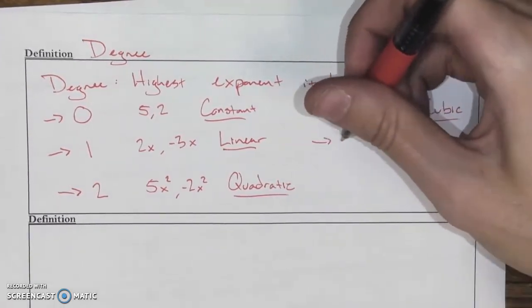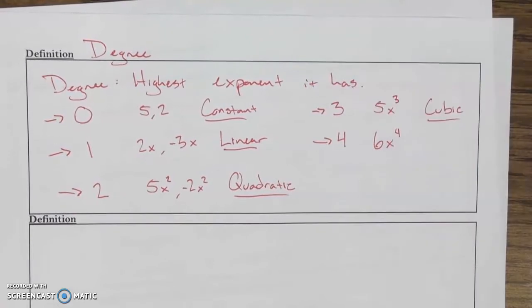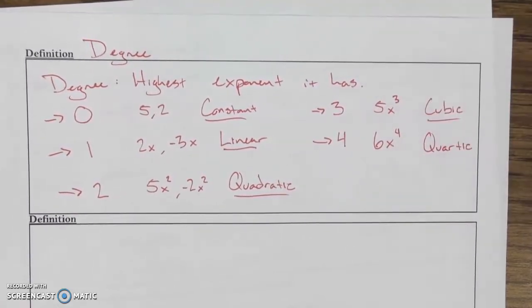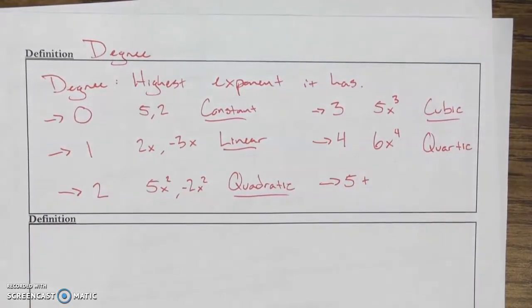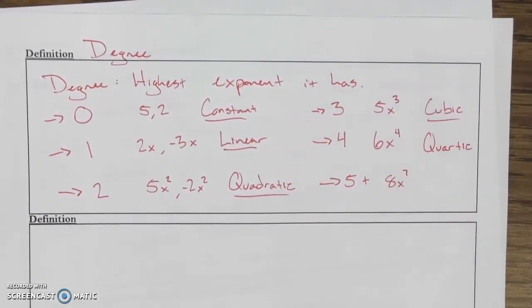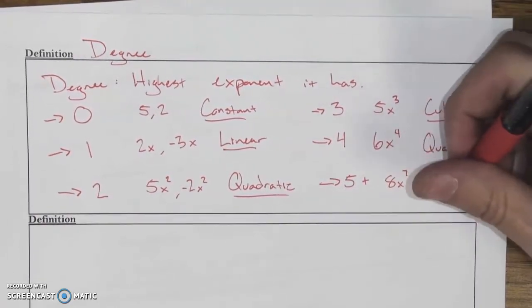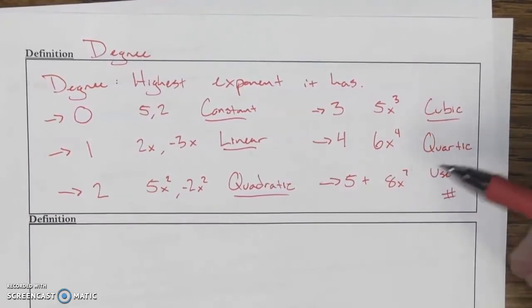If the highest degree is 4, an example, 6x to the 4th, we call that a quartic. And last, if it's 5 or greater, then we just use that number. So an example like 8x to the 7th, we would call this a polynomial with degree 7.